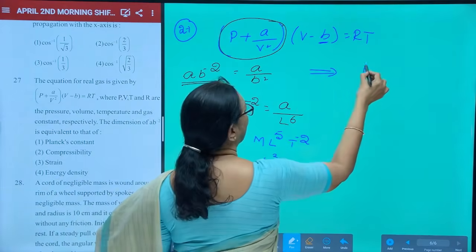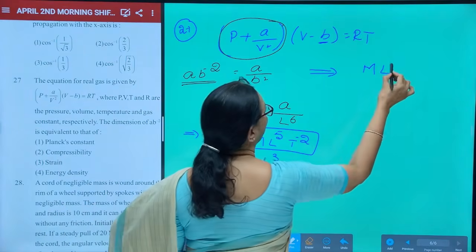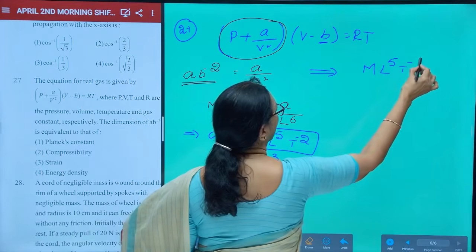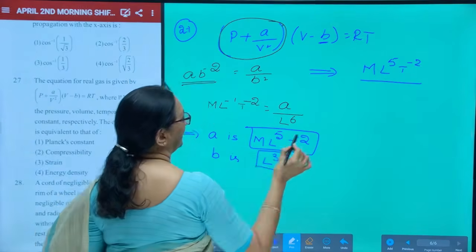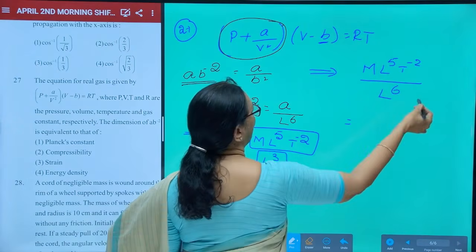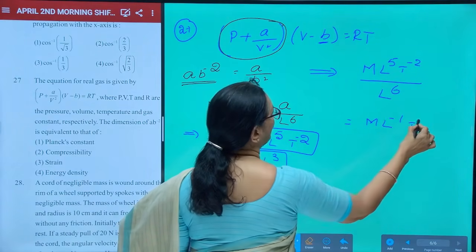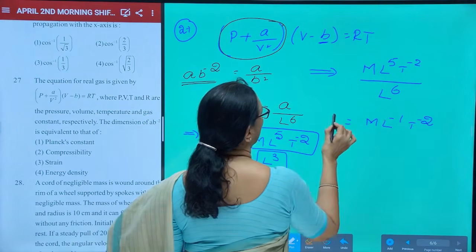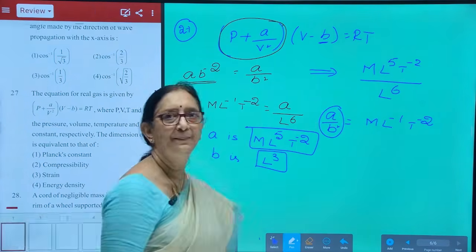For A, look here, M L to the power of 5 T to the power of minus 2, divided by B square, that is L cube whole square, L to the power of 6. If this goes to the numerator, it becomes M L to the power of minus 1 T to the power of minus 2. This is the dimensional formula for A by B square.